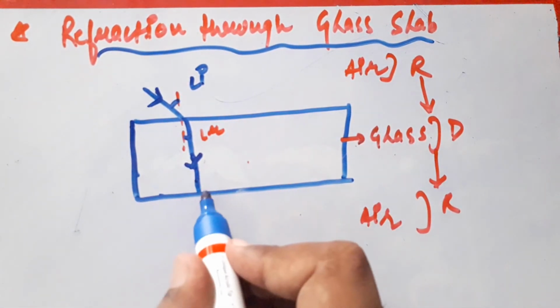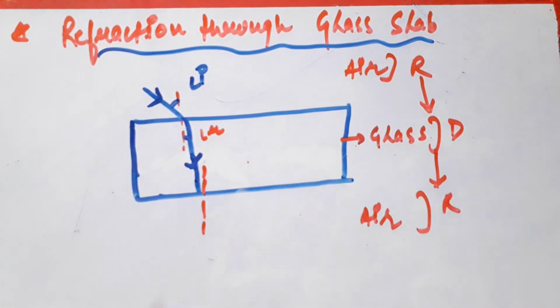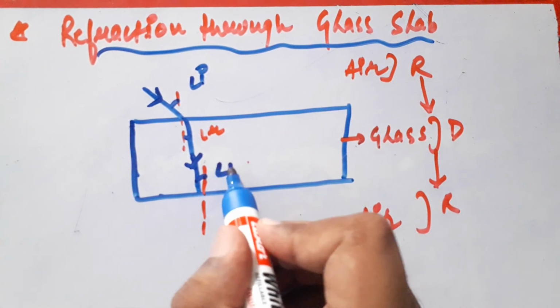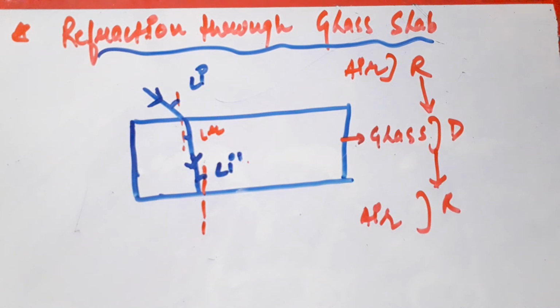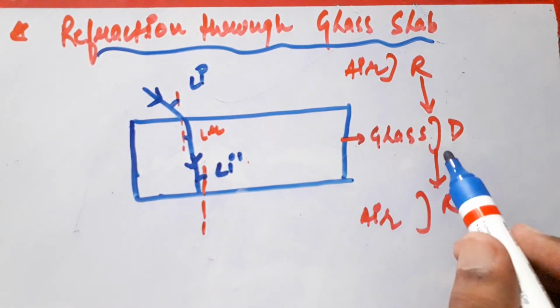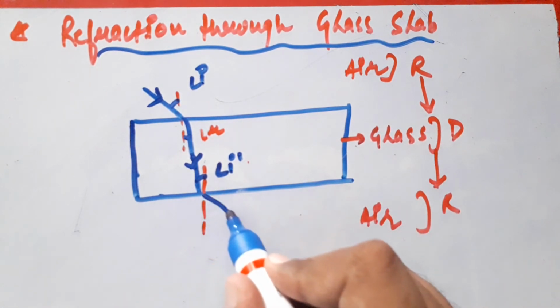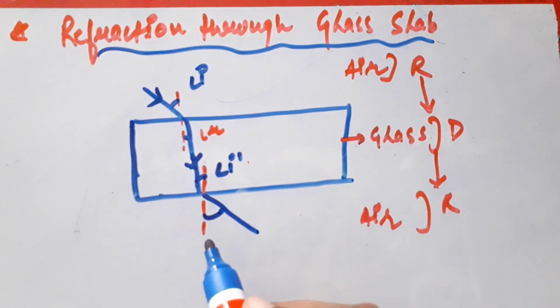While going to the second interface, again it will strike along the normal and make an angle. This is the angle of incidence, so I will just put angle i dash, right? And now we will observe that it is going from denser to rarer medium, so it will again bend away from the normal, like this. This is your normal, it is bending away from the normal, and this is angle r dash, right?